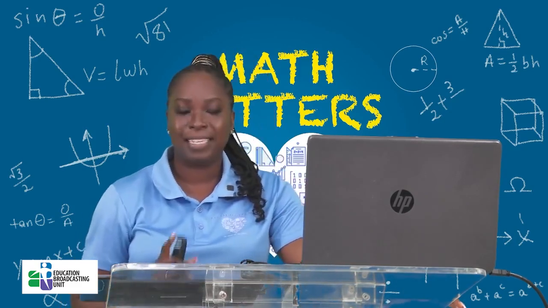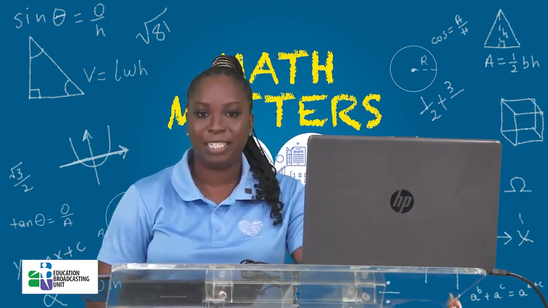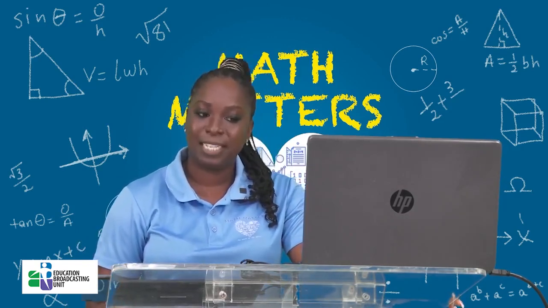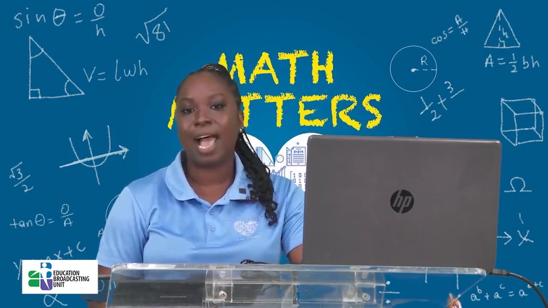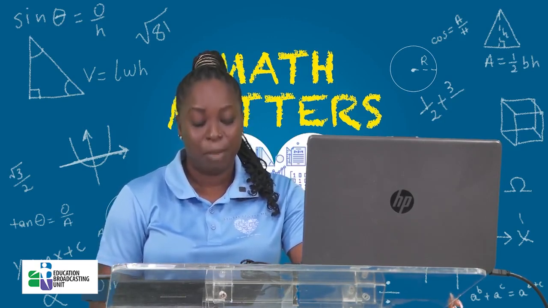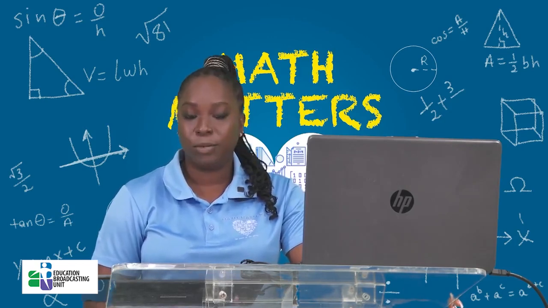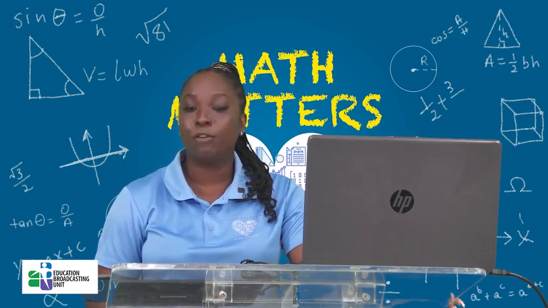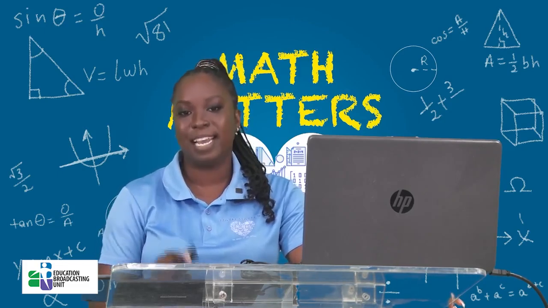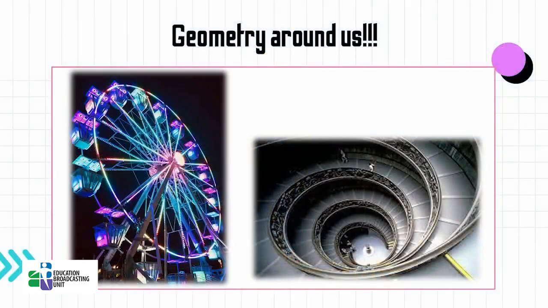We see, participate, and interact with transformations every day. For this lesson, we will focus only on translations and reflections. But before we get to those, let's take a look at some real-world examples of rotations and enlargements. Have you ever been to an amusement park or saw a Ferris wheel or even a merry-go-round?